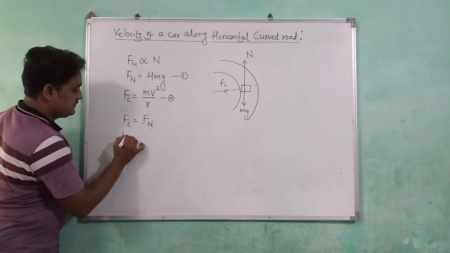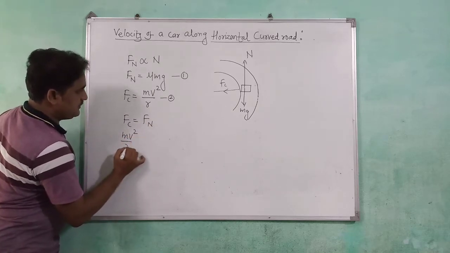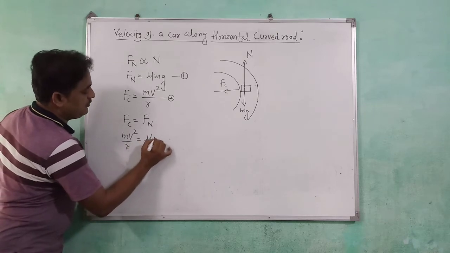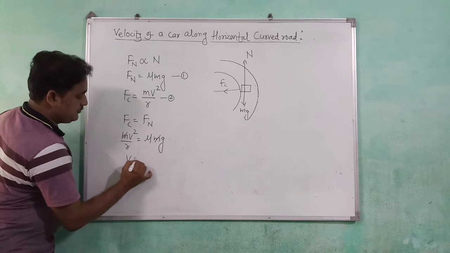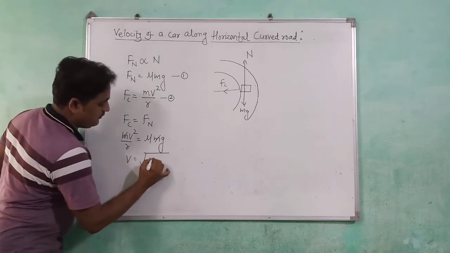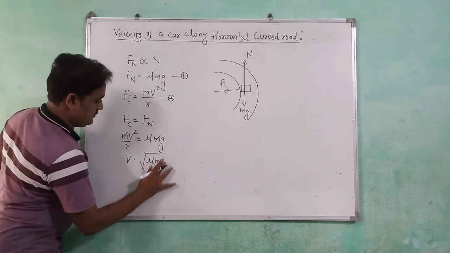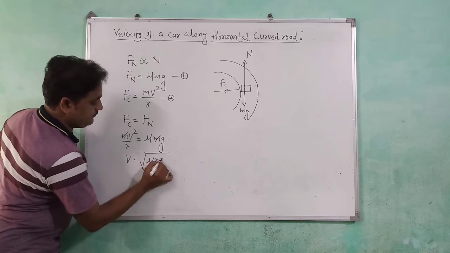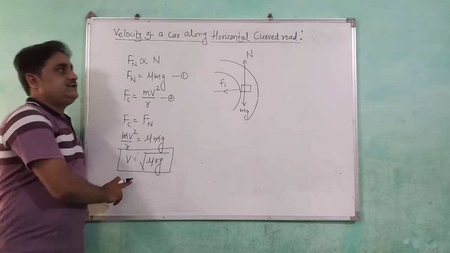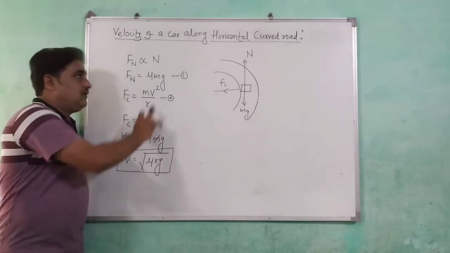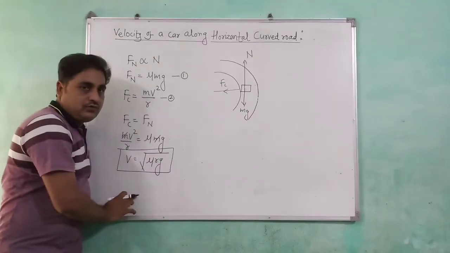Putting the two equations, you will get mv square by r is equal to mu into mg, and m will get cancelled out. So v is equal to under root of mu into r into g. So this is the velocity of the car along the horizontal curved road.